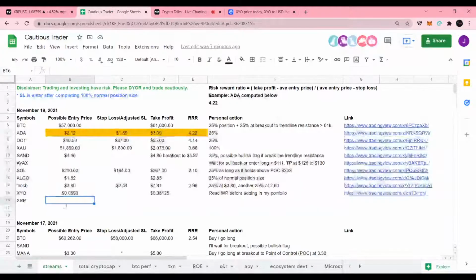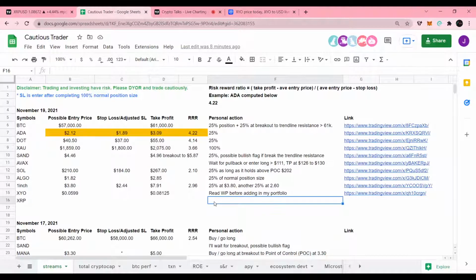So dito, XRP, long above 1.10, and 1.30. So possibly 2 point something.